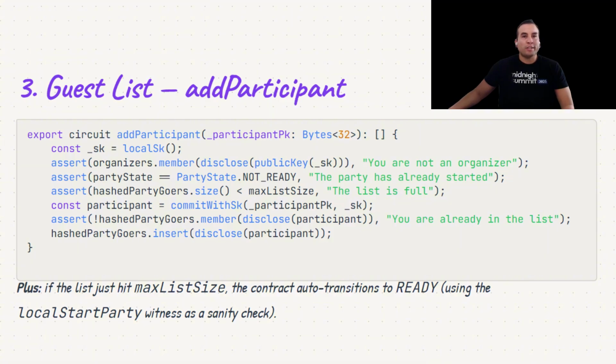The contract double checks this is what the organizer actually wants, using that local start party witness we declared earlier, and then flips the switch. One nuance worth flagging: because commitments are hashed with the organizer's secret, it's the same organizer who added a guest who needs to check them in. A slightly opinionated design choice.